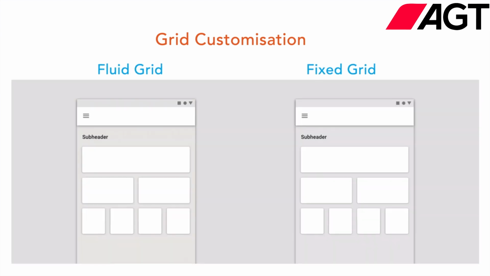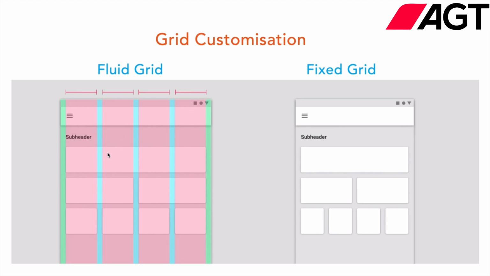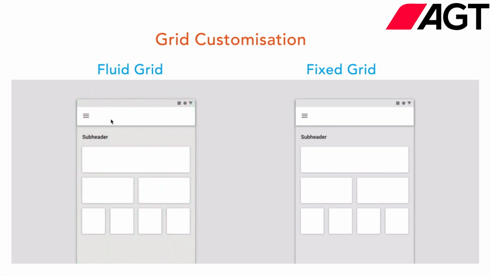And when it comes to the grid size itself, you can have these columns, since we are dividing the grid into a number of columns. For fluid grid, you can have these columns expand to the screen size. So if the screen size is medium, you can have the columns expanded.